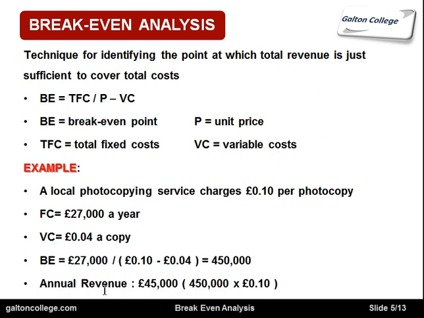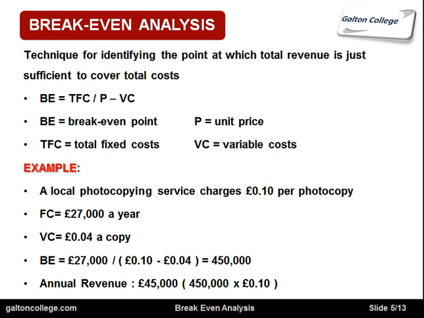And the revenue, as a matter of interest, here will be £45,000. It's 450,000 sheets times 10p, which is £45,000. So that's the total revenue, which will also be the total cost. And that's how it's calculated. So that's how break-even is worked out.